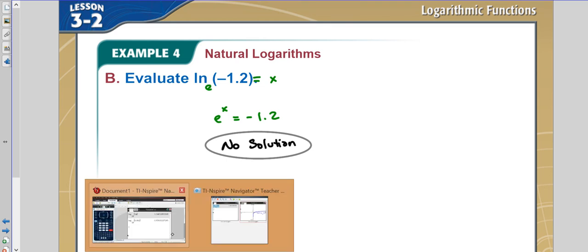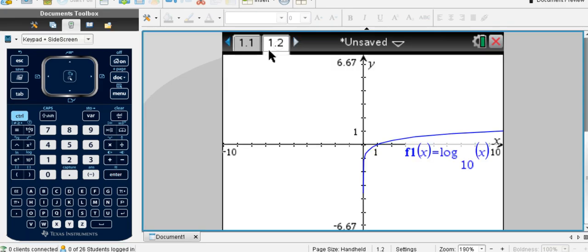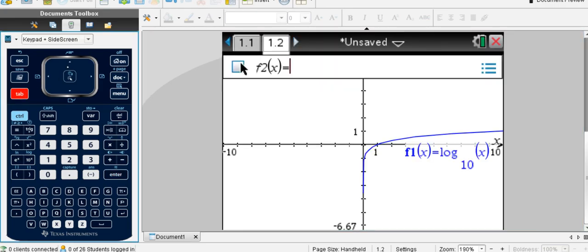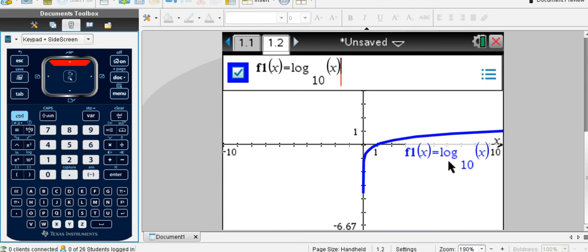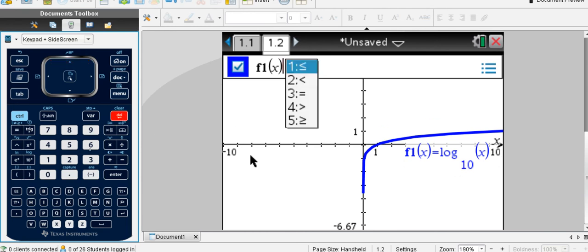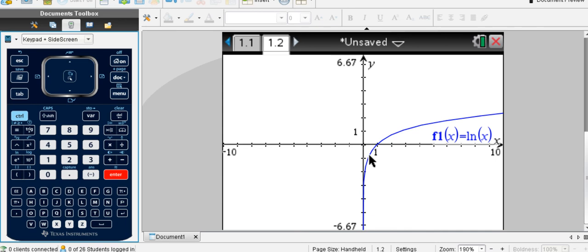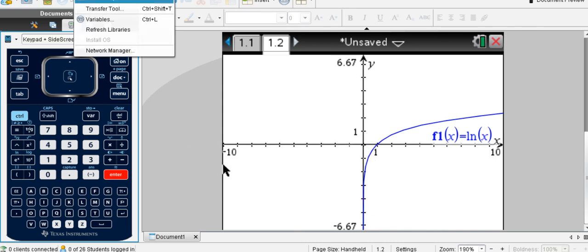We'll check our graph real quick just to double check. So I'll go over to the graph here, and instead of looking at the common logarithm, this time I'm going to do the natural log, which is right here, ln, and the value was negative 1.2, I believe. Let me check real quick. Yep, negative 1.2. Oh, no, I want to graph it with an x. And you'll see at negative 1.2 for the x, the graph doesn't exist, so it doesn't work there.